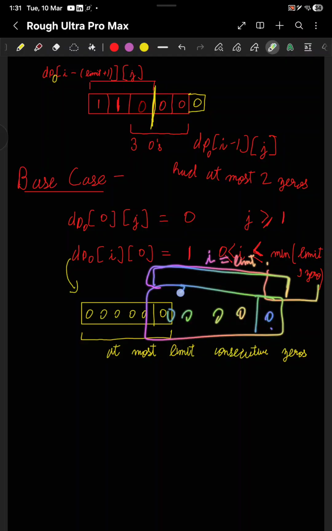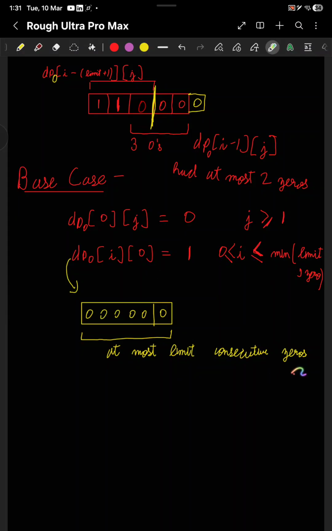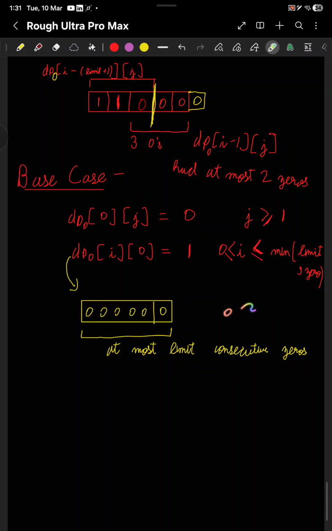So for these cases where the number of zeros is less than or equal to limit, the number of ways of creating would be 1. Otherwise, if i is greater than limit, then it would not be a valid array, so that would actually be 0.